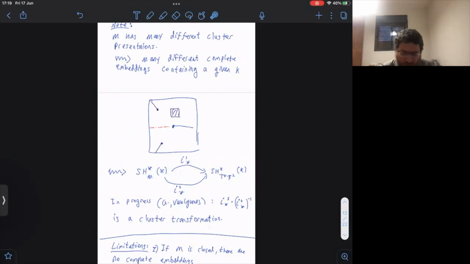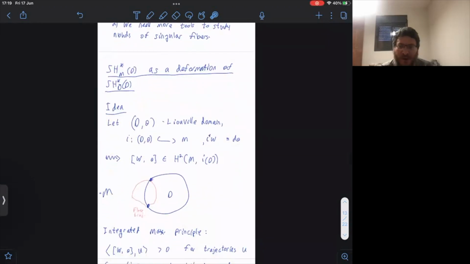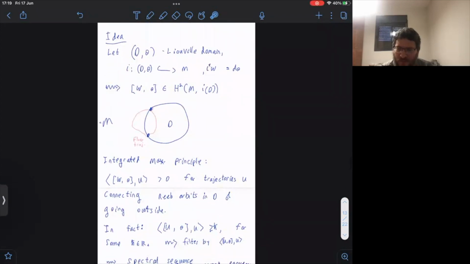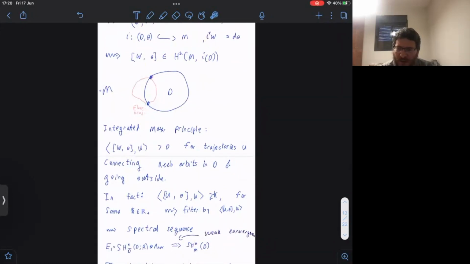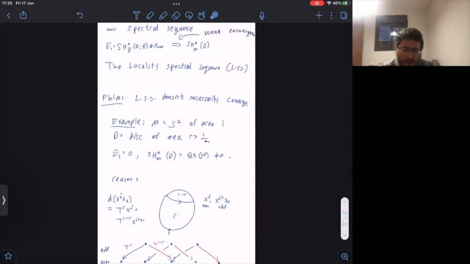The locality theorem, which I have with Umut, is also about torsion in relative SH. But the spectral sequence is specifically about relative SH over the Novikov field, so you already discard all torsion at the start. So that's something to consider.